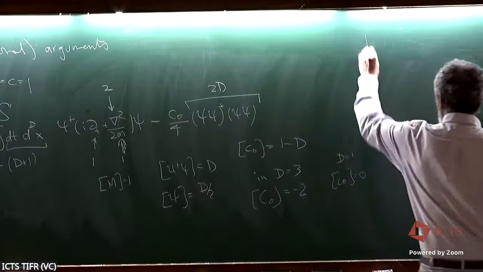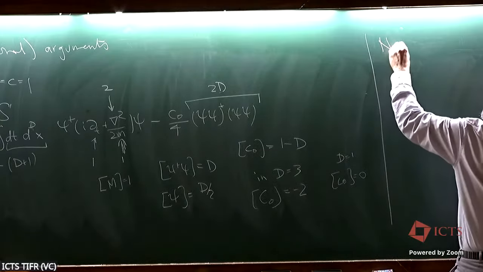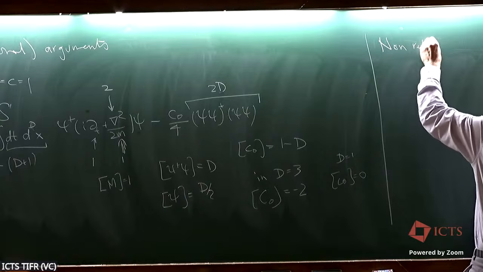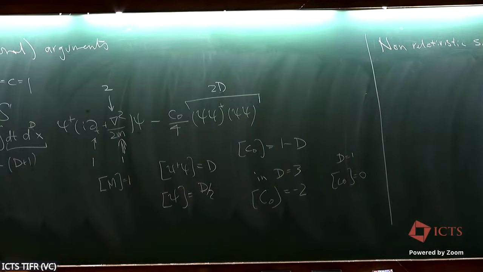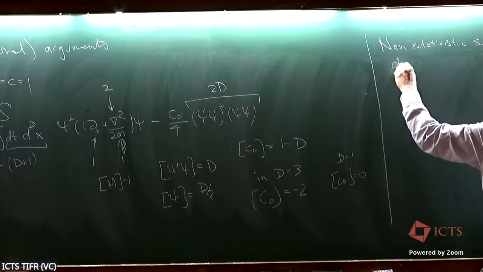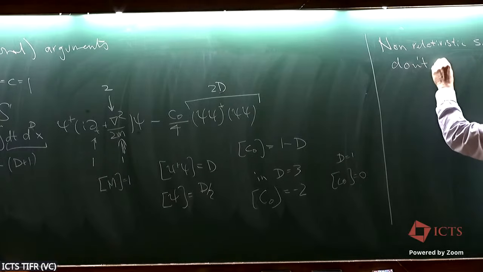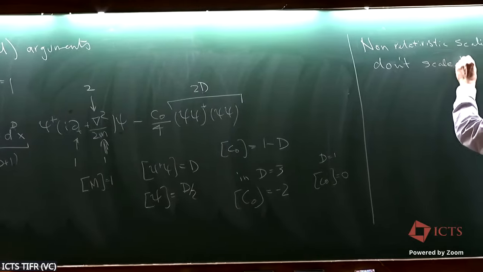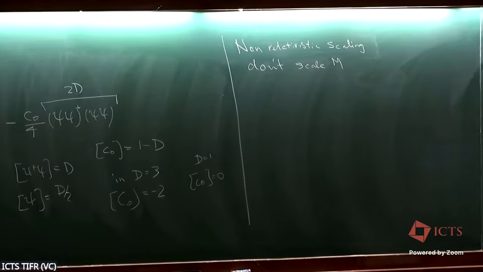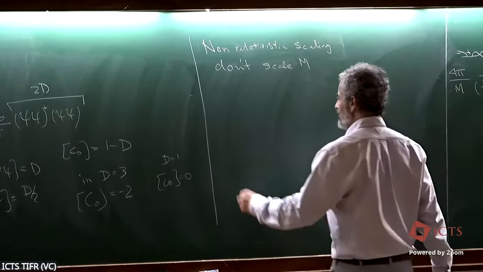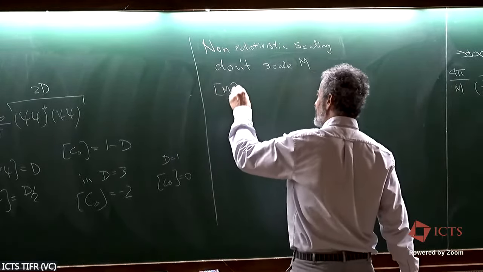So in a non-relativistic scaling, we don't scale m. It's a fixed relationship between space and time, if you want. We take [m] = 0.